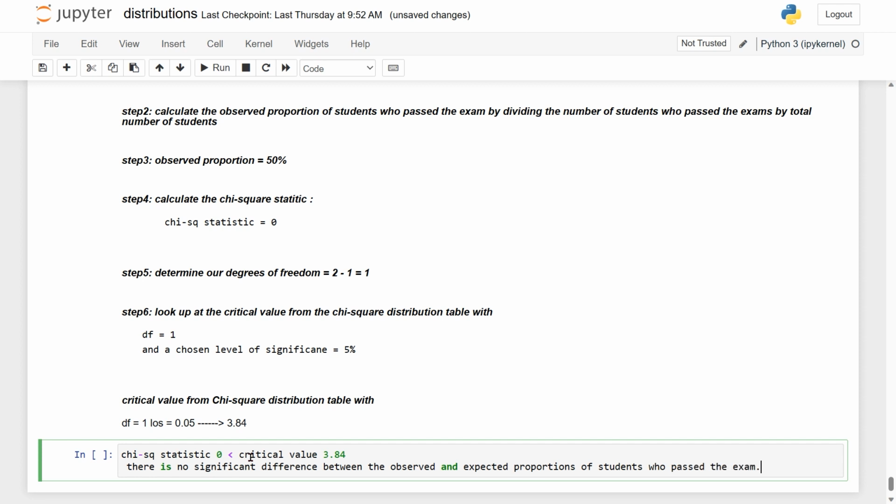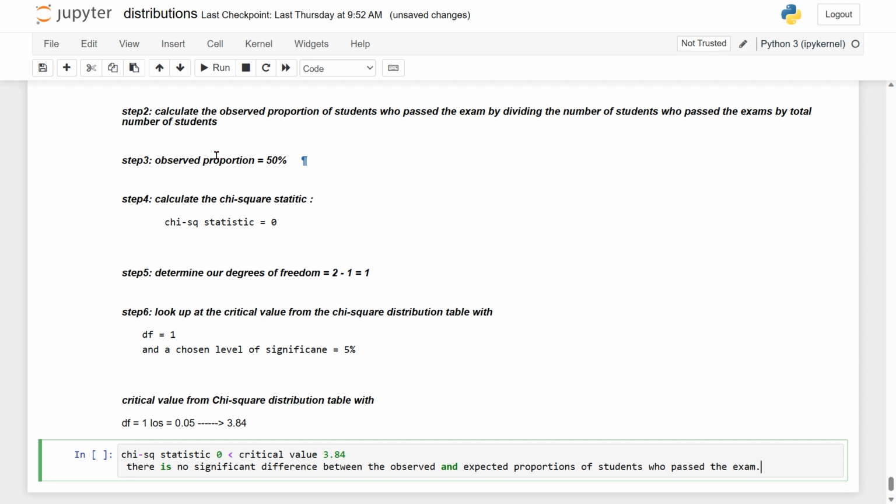So with this, we are able to accept the null hypothesis with solid support. So in this example, the chi-square distribution helped us determine whether the difference between observed and expected proportions of students who passed the exam was significant or due to chance.